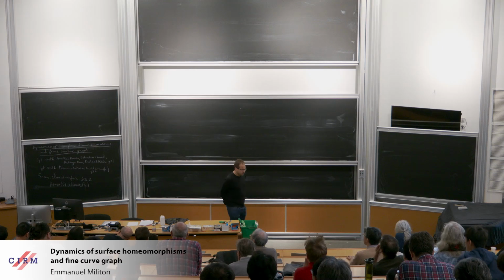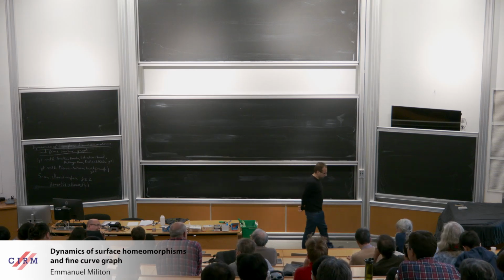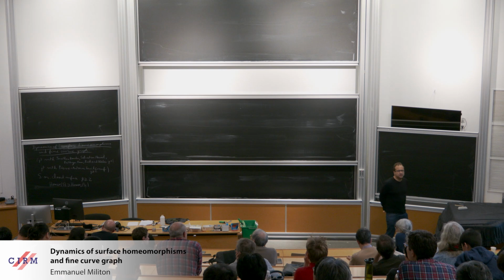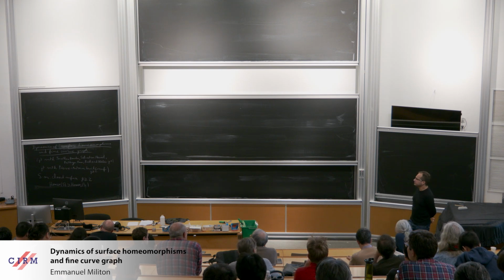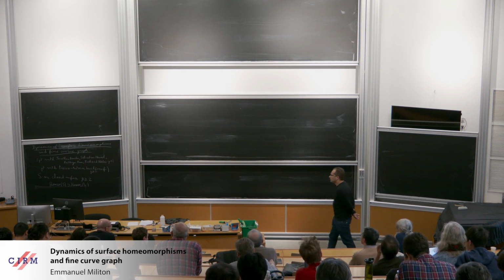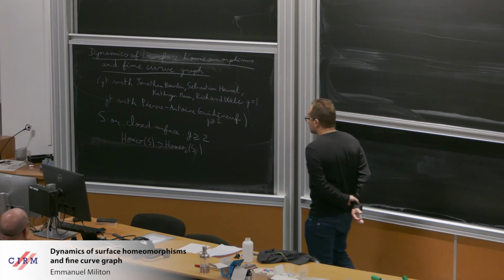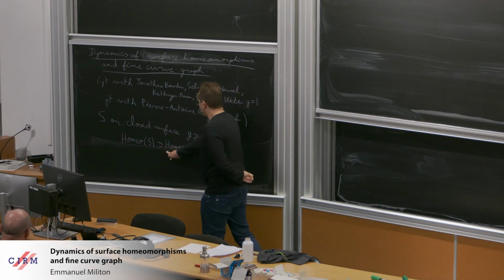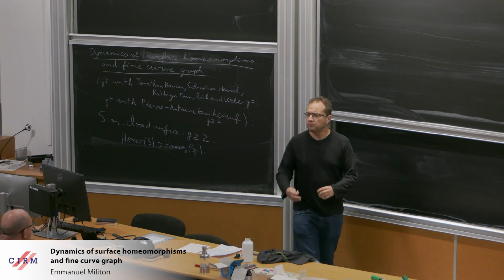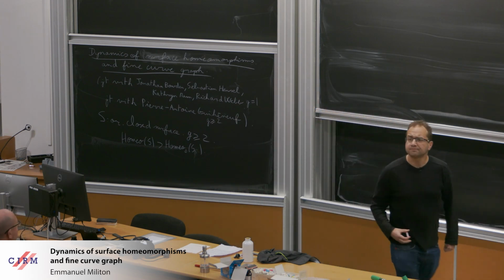Okay, let's call it just S. And what I'm going to talk about is some geometric object, which is called the fine curve graph, which is a Gromov-hyperbolic metric space on which this big group acts by isometries.